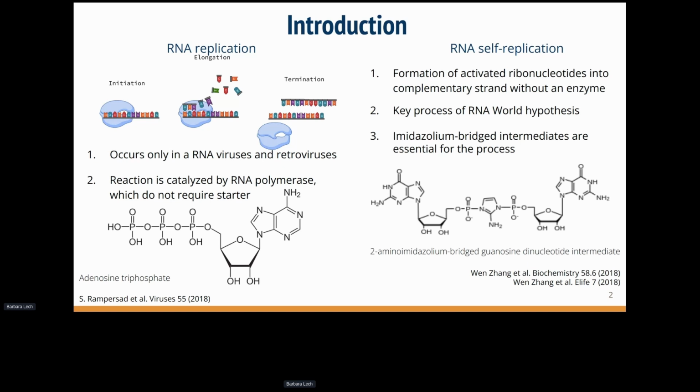And this is really important because the RNA world hypothesis says that RNA could be one of the first complex molecules, and that proteins like polymerase had not yet emerged. So for survival, it had to self-replicate.